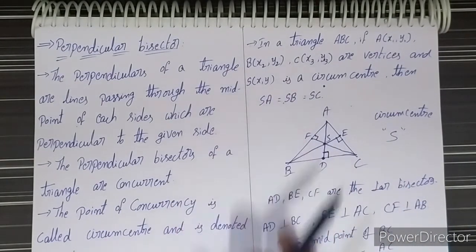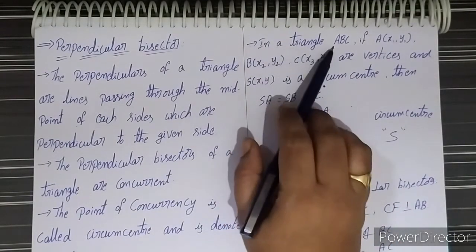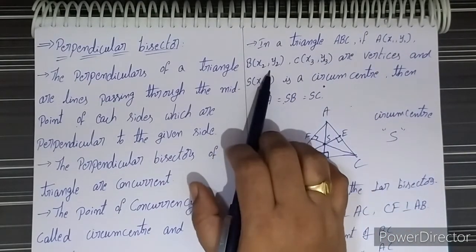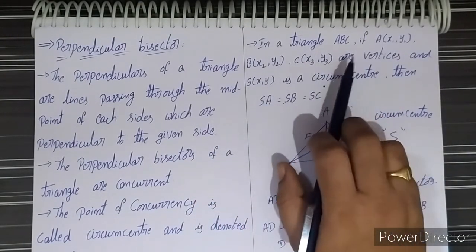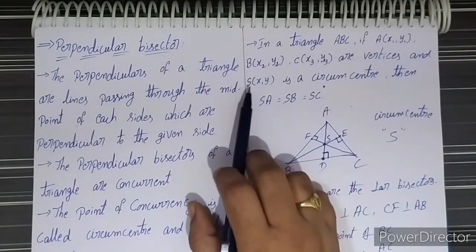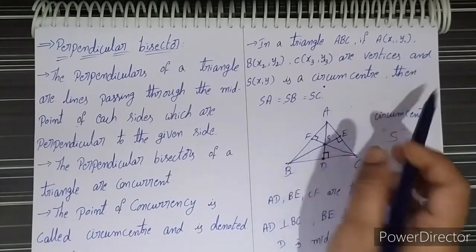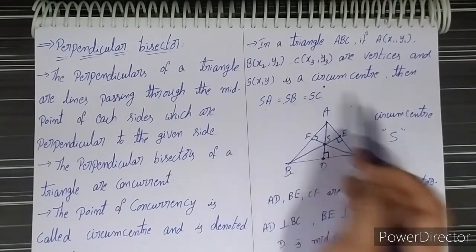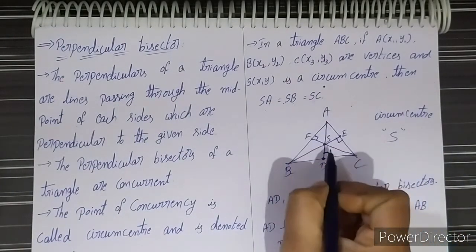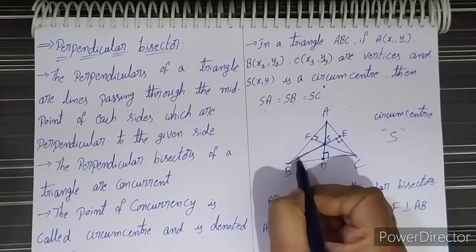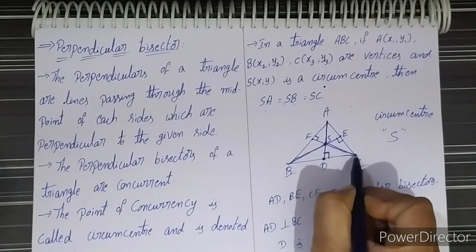For this, we have an important point: in a triangle ABC, if A of x1, y1, B of x2, y2, C of x3, y3 are the vertices and capital S of x, y is the circumcenter, then we have SA equal to SB equal to SC. That means from this circumcenter to any vertex, the distance is equal.